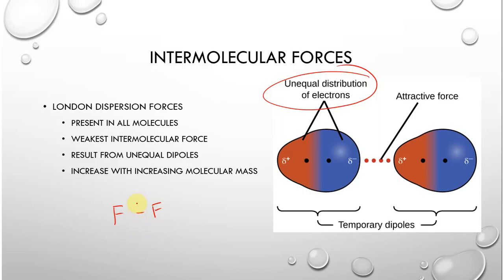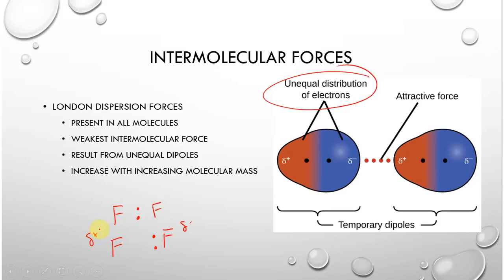In theory, the electrons should be directly in the middle here. You can get an occasional or a very, very temporary redistribution of those electrons where you have a partial negative, partial positive.